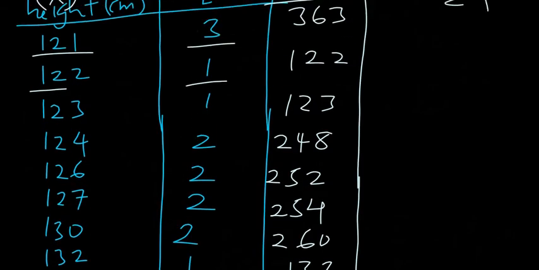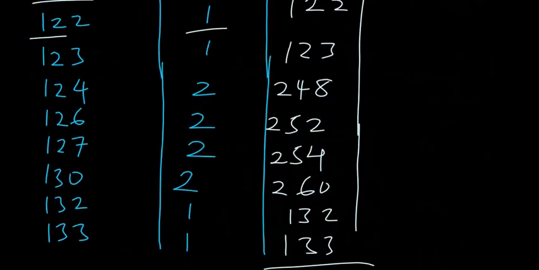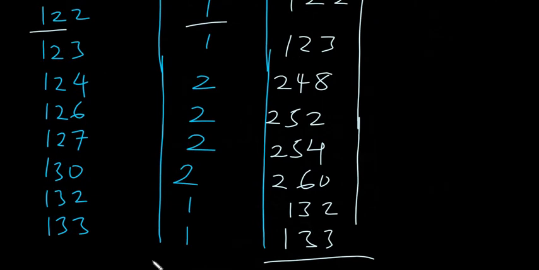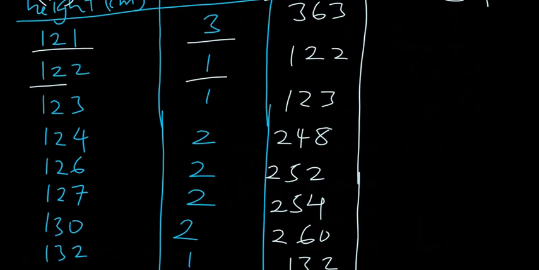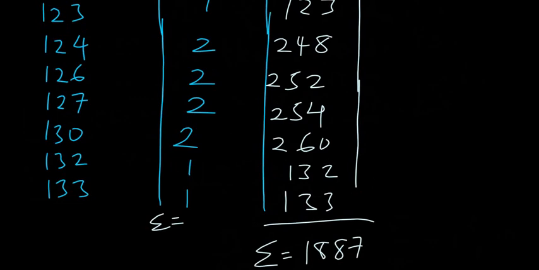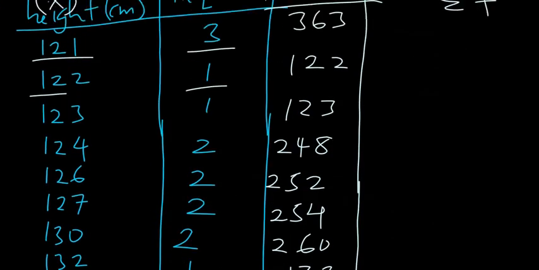Then let's get the summation of the frequency column, or simply how many children were in this class. We add 3 plus 1 plus 1 and so on, and this is 15. Now to get the mean, we divide 1887 by 15.